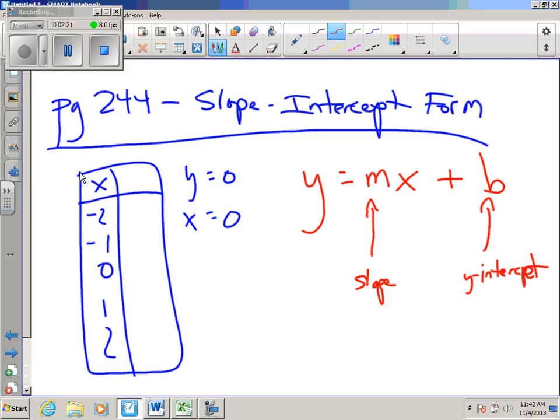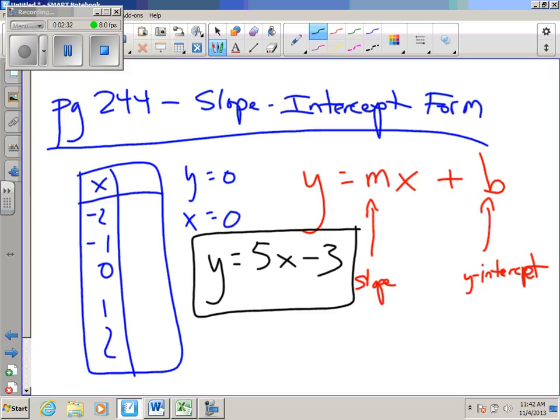So if you see an equation, y equals 5x minus 3, can you identify the slope? What is the slope in that particular equation?